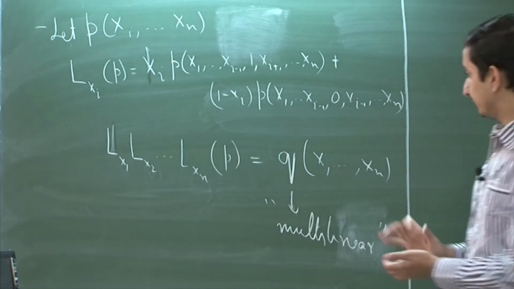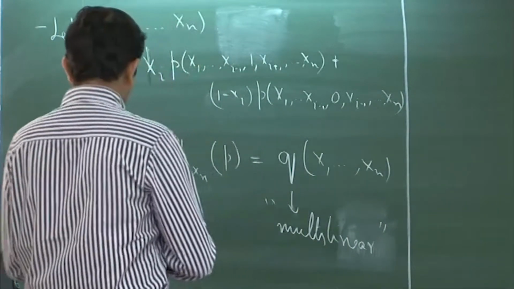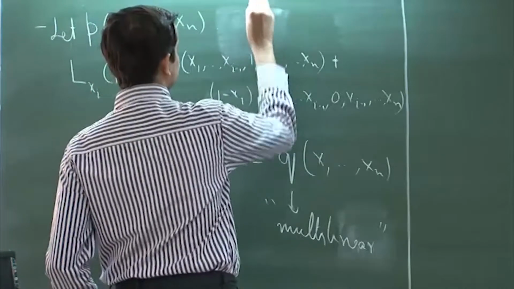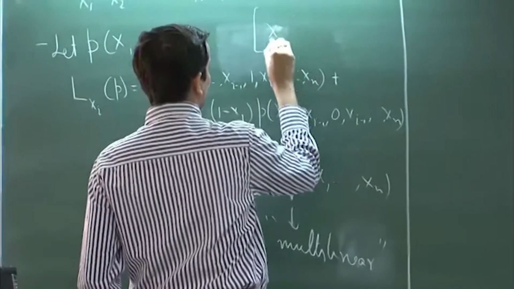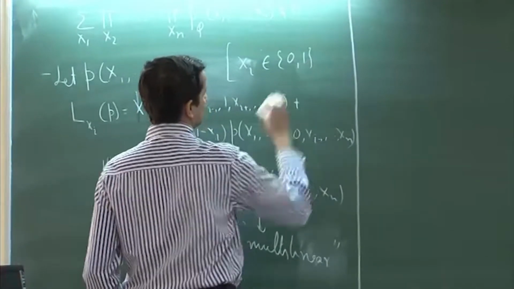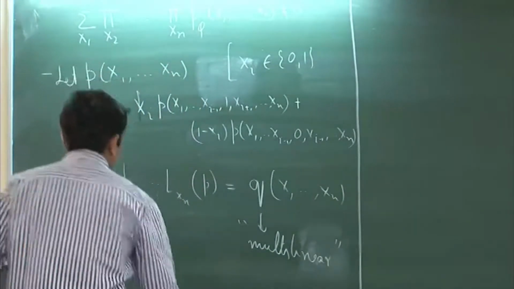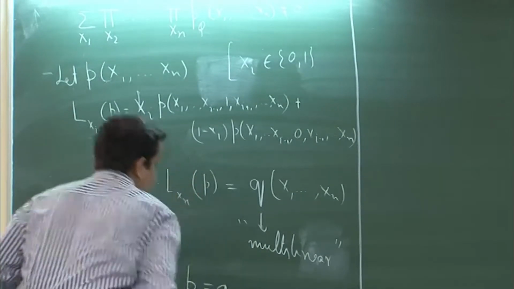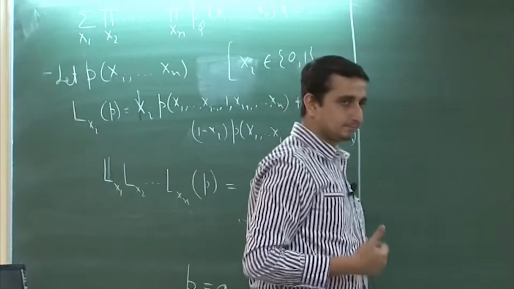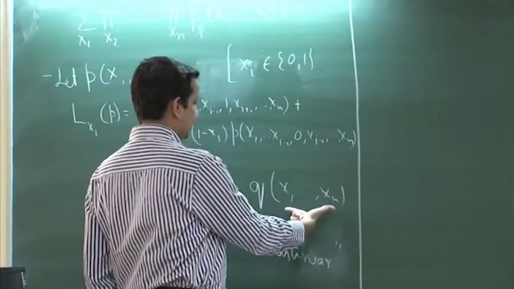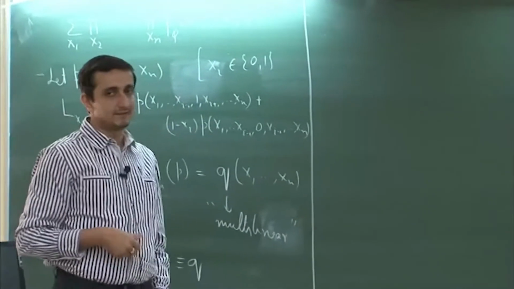So, it is a multivariate polynomial, but it is linear in each variable as opposed to P. And what we have is that if each of these variables took their values from the set 0 1, then these two polynomials are identical, in the sense that for every setting of x1 through xn, they will give the same value.